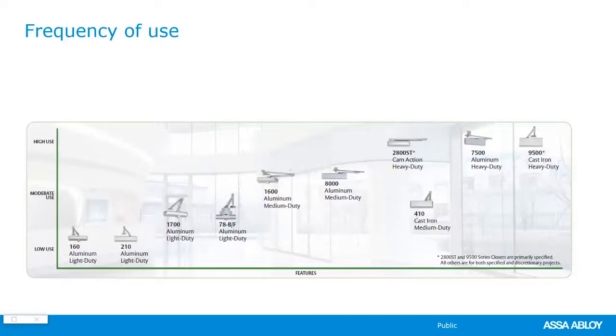But these charts are really good when you're trying to figure out what door closer you need for a particular project, if it just hasn't been specified. Definitely talk to your local DSS rep. They have a lot of knowledge and a lot of experience with different models, and oftentimes they can walk job sites and recommend different door closer models for different customers if the customer doesn't already have a standard.